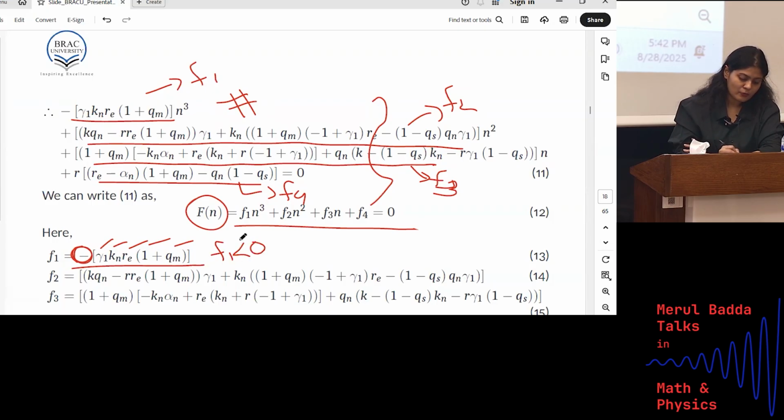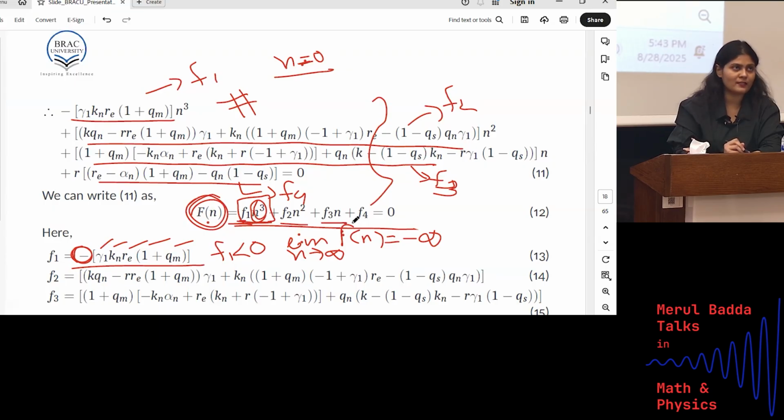So if we let N tend to infinity, we can say the whole expression is dominated by N to the power 3, so this term is stronger. So we can say f of N is negative. If we put N equal to 0, all the other terms are 0, so there is only one term, which is f1.